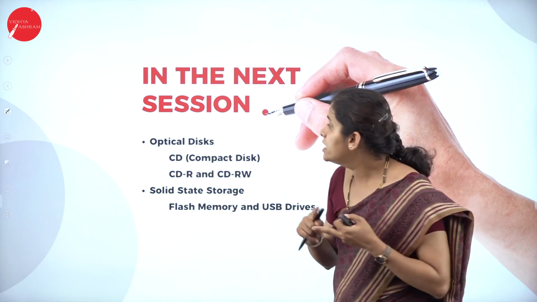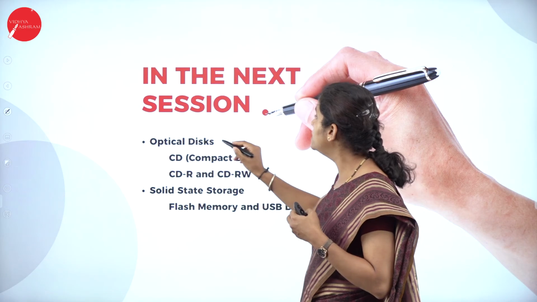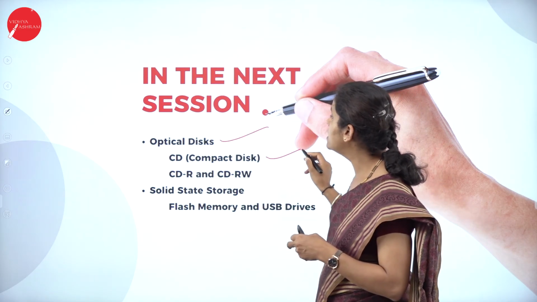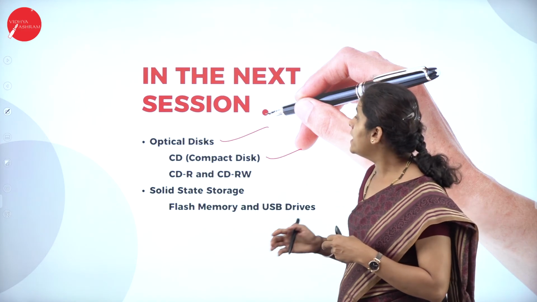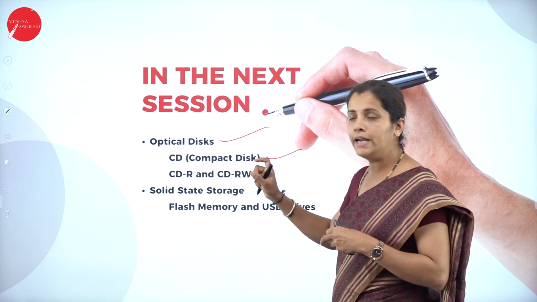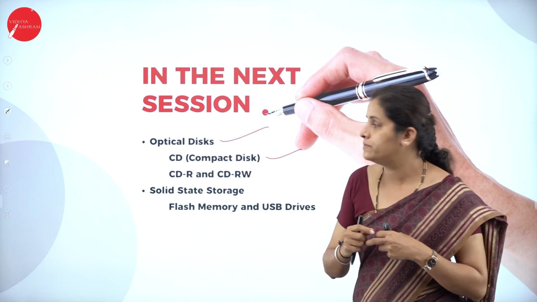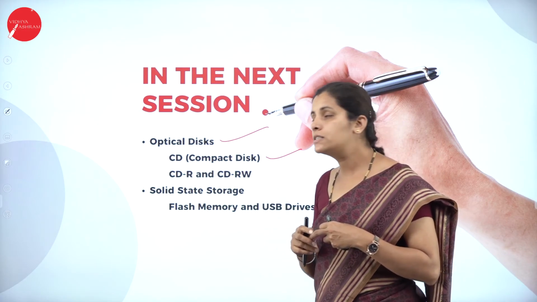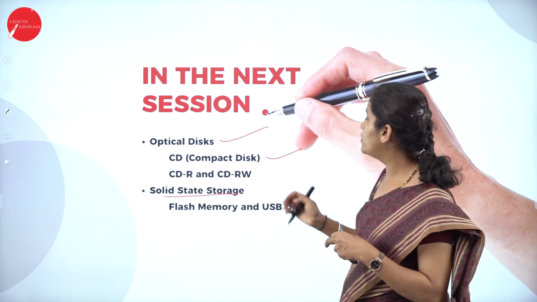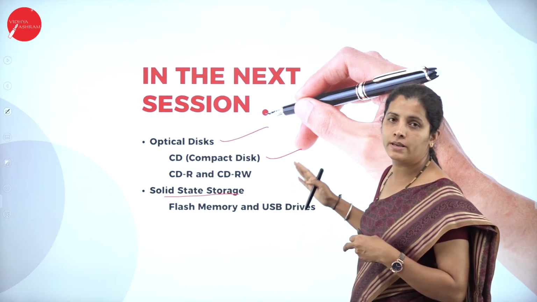In my next session, I'm going to discuss optical disks, including compact disk, compact disk read, and compact disk read-write, then solid state storage, including flash memory and USB drives.